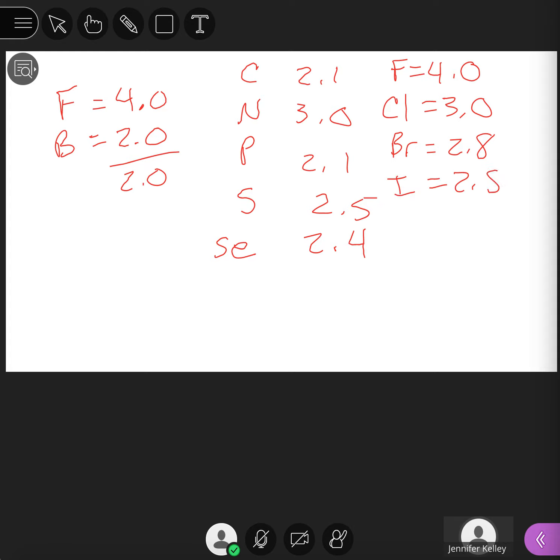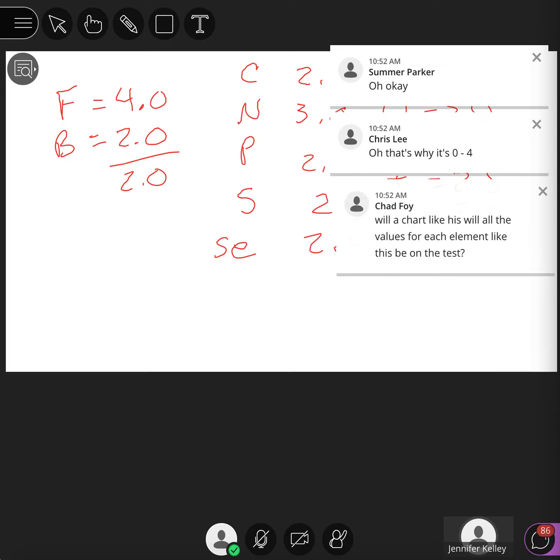Iodine is 2.5. And hydrogen is 2.1. So looking at that, I don't see a difference of 2 or more in any of the nonmetals. Does anybody else see a difference of 2 or more there? I don't. So I would say if you have 2 nonmetals, they're not ionic. And if you have, like, a metal and a nonmetal, then they are.